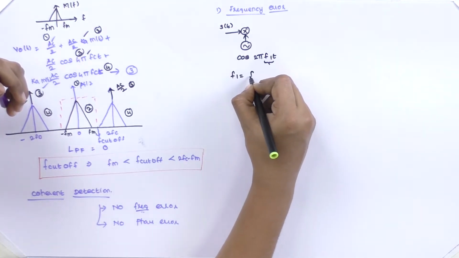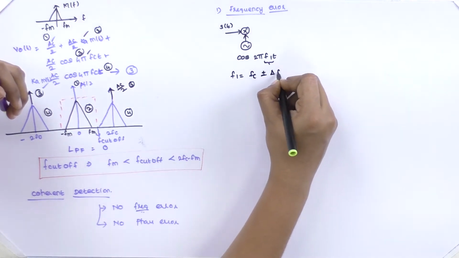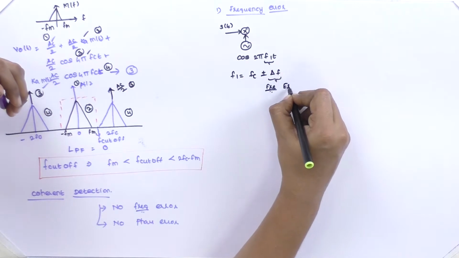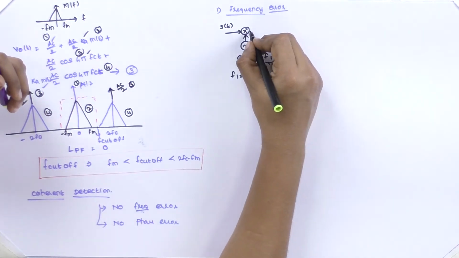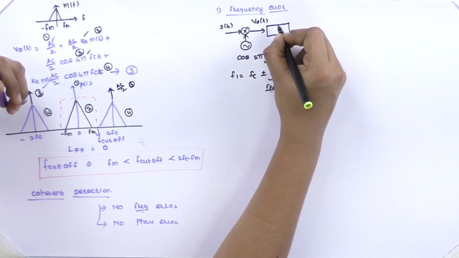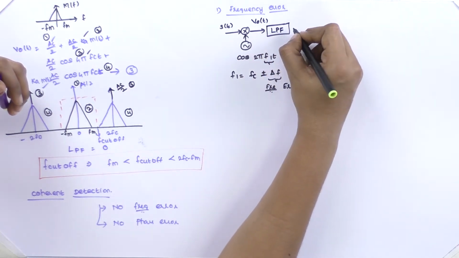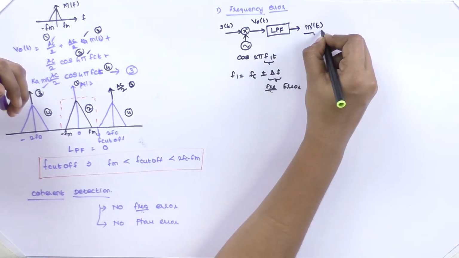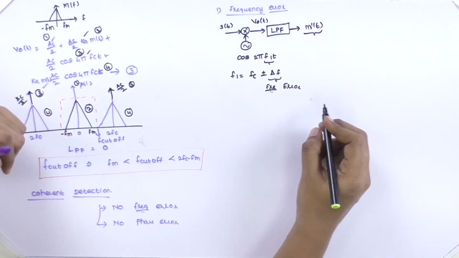Therefore, f1 is equal to fc plus or minus del f. This del f represents the frequency error. This is our V naught of t. This signal is passed through the low pass filter, and the final output is our recovered message signal.